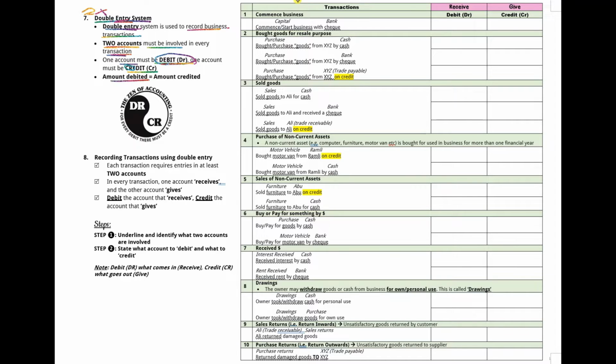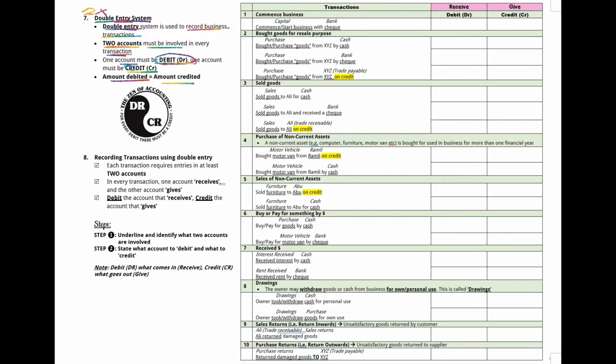The amount debited must equal the amount credited, okay? Just like when you buy food from the canteen, if you buy a $1 nasi katok, of course you give $1 to the cashier and then they will give you in return $1 worth of nasi katok. It wouldn't be like, for example, you give $10 and they only give you $1 worth of food.